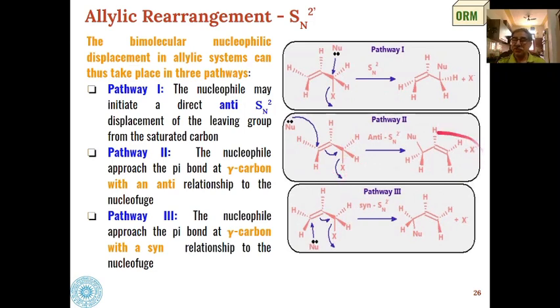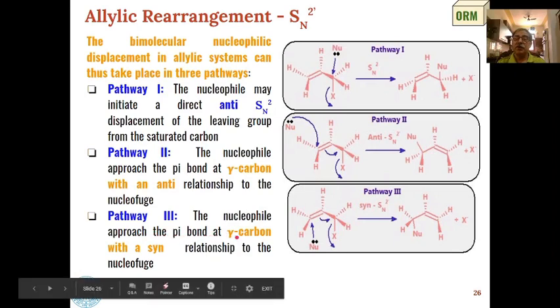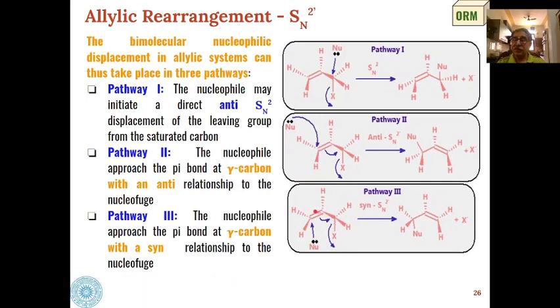Then third type of pathway is that the nucleophile approaches the pi bond at gamma carbon with a syn relationship to the leaving group. So the nucleophile attacks the gamma carbon but from the same side to which the leaving group is attached. So this is alpha carbon, beta carbon and gamma carbon. Nucleophile is attached from the same side, and this is the leaving group.